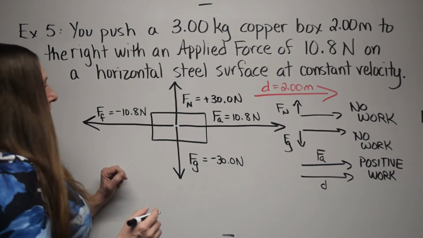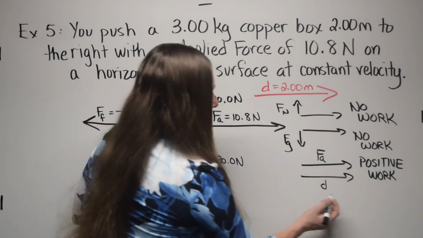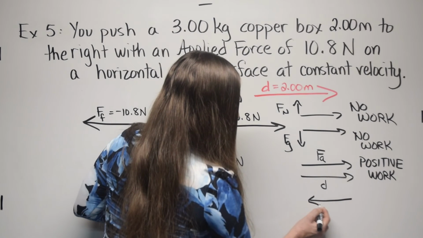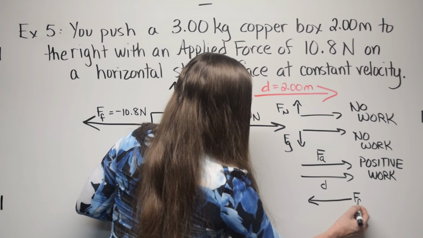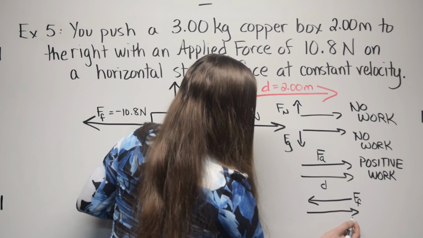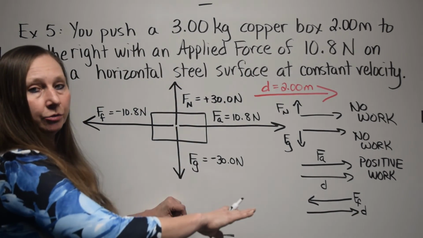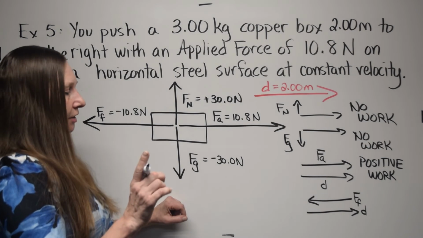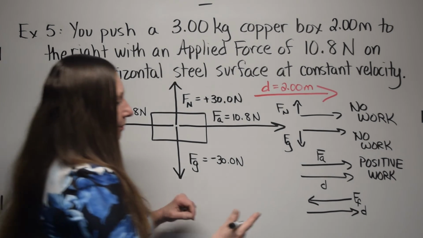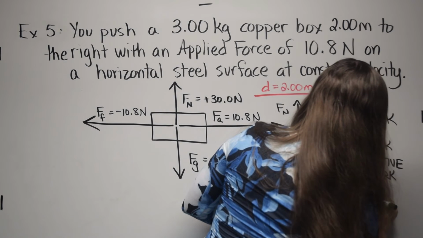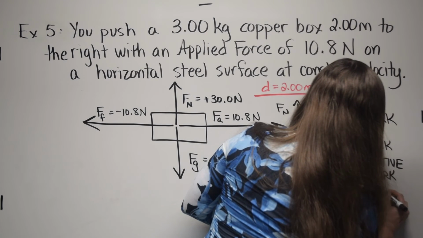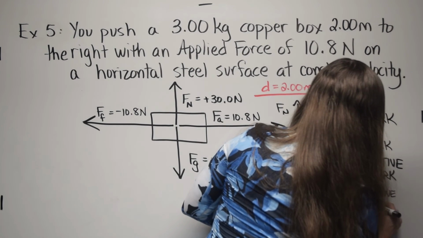How about the friction? The friction is to the left. Ff. The displacement is to the right. They are parallel to each other, so work is being done, but because the directions are opposite, this is negative work. The friction is doing negative work.